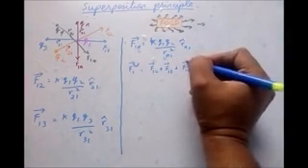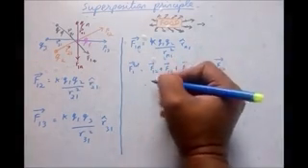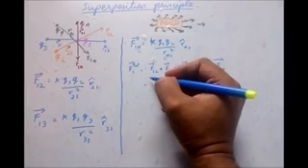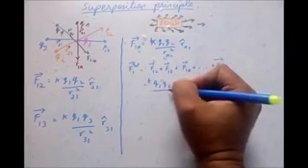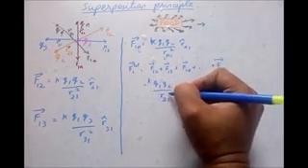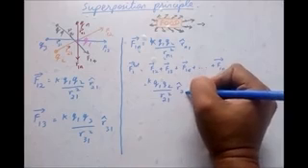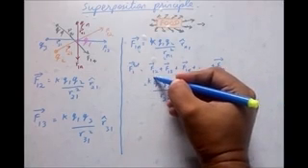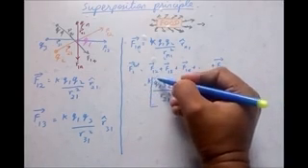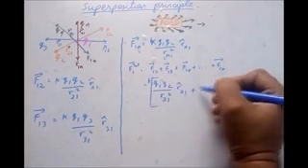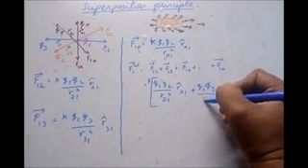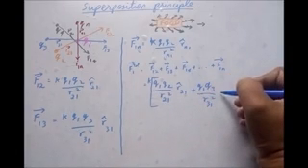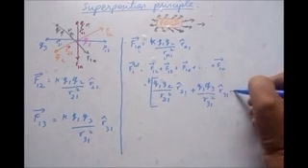These are vectors. Now let's add them. Force on 1 due to 2 will be k q1 q2 divided by r21 squared r cap 21. Now k is common in everything, so we can take it out. Let's write a bracket here: plus the second one, q1 q3 divided by r31 squared r cap 31, and so on.